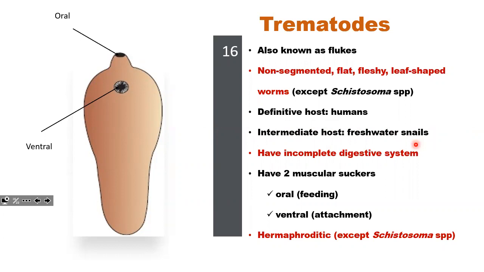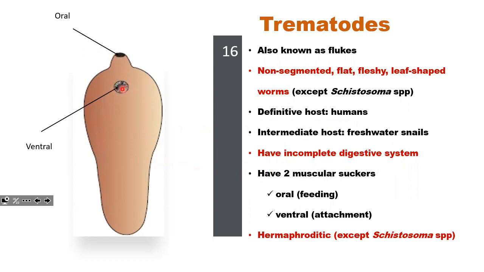However, for some other species, but because we are not discussing them, I've not listed them. But I think it's important you know that freshwater fruits and plants may also act as intermediate hosts for some trematodes. Now, unlike the cestodes, they have an incomplete digestive system. So you have the ventral and the oral suckers.